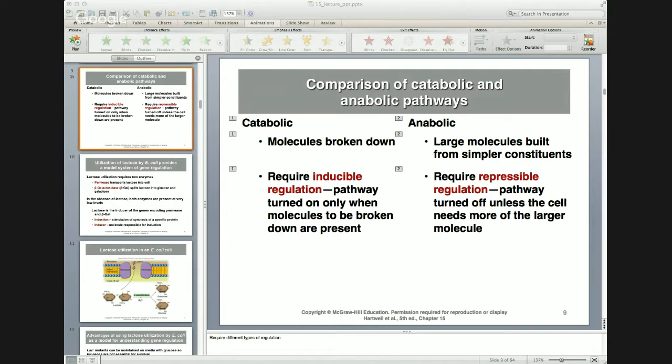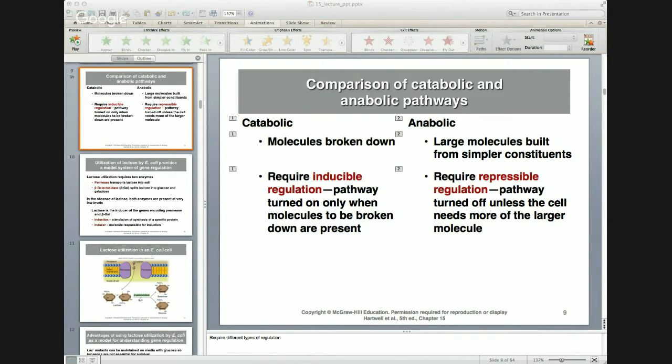Only when lactose is present would the genes for these enzymes produce higher levels of permease and beta-galactosidase. So lactose acts as an inducer of the genes for permease and beta-galactosidase.